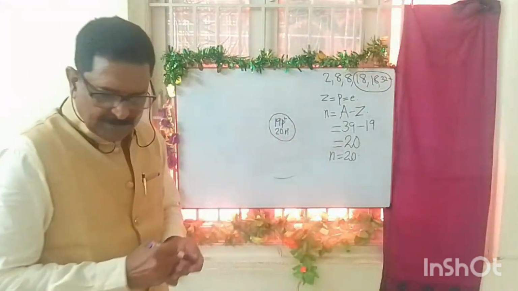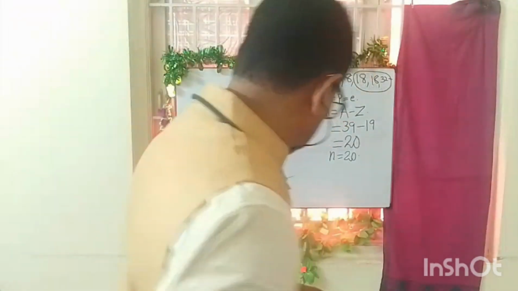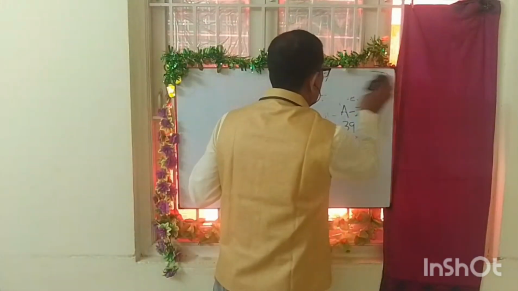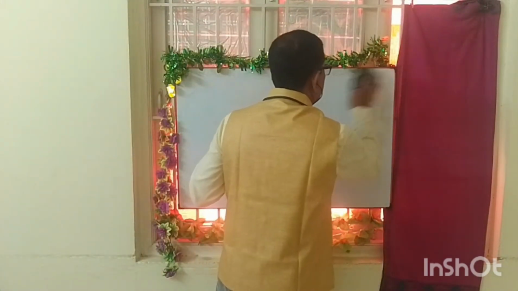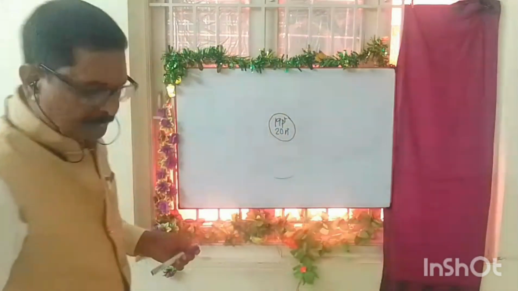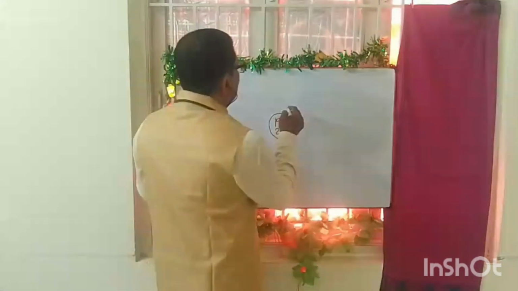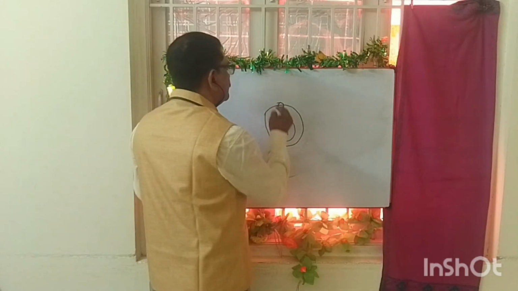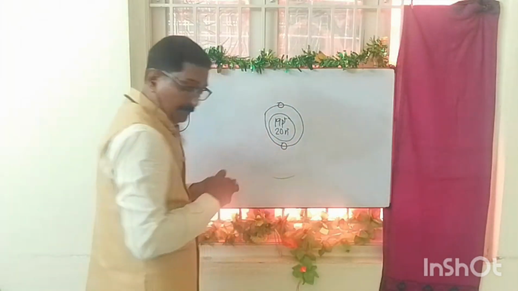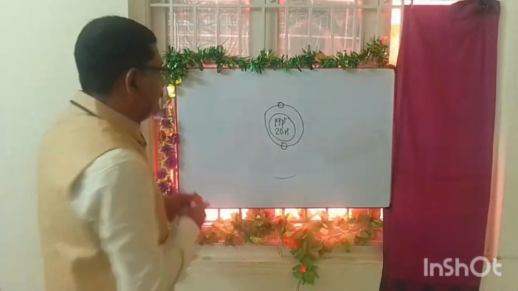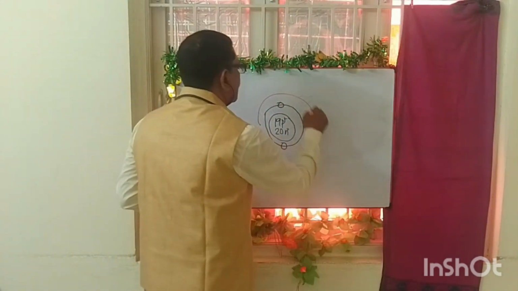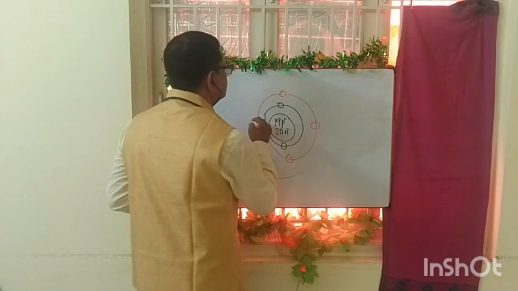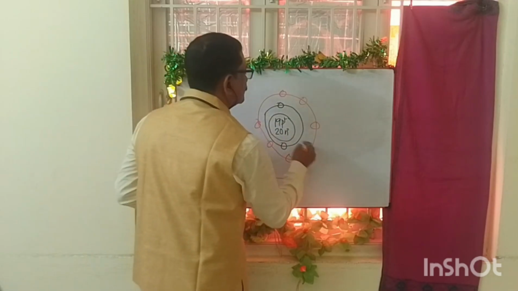Okay, so let us start drawing those structures. First orbit, maximum is 2. Second orbit, maximum is 8.